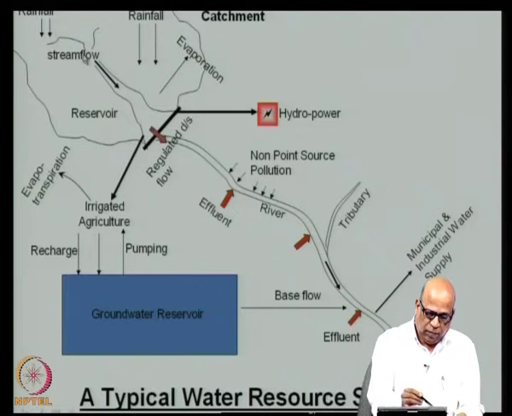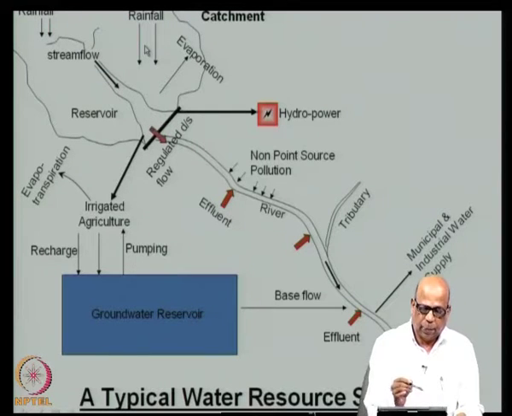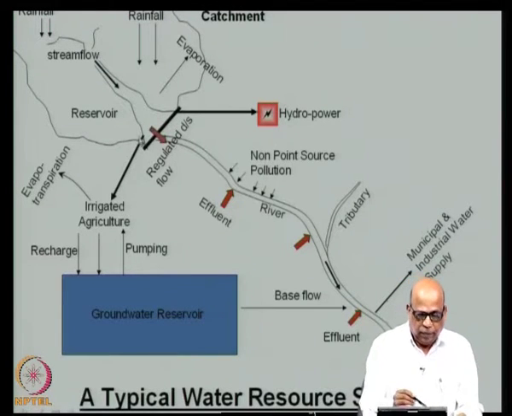So, there is a stream flow that enters the reservoir and then you have a dam here. The storage builds up as a result of the stream flow, and the stream flow is generated because of the rainfall in the catchment area. If this dam was not there, then there would have been no reservoir and the stream flow would have continued along its natural course.